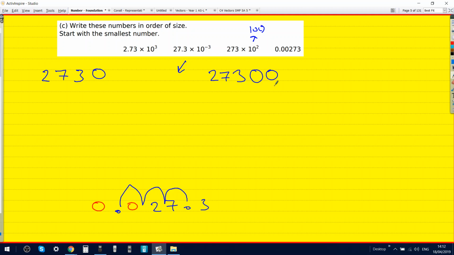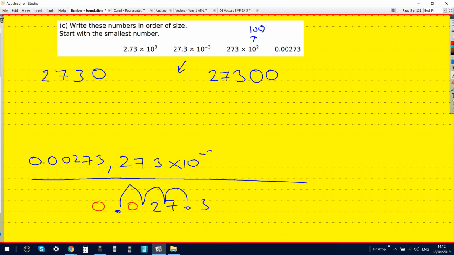So in that case, the smallest number is going to be the last one. So that's the smallest number, and then next up would be 27.3 times 10 to the power of minus 3, and then after that, it will be 2,730.